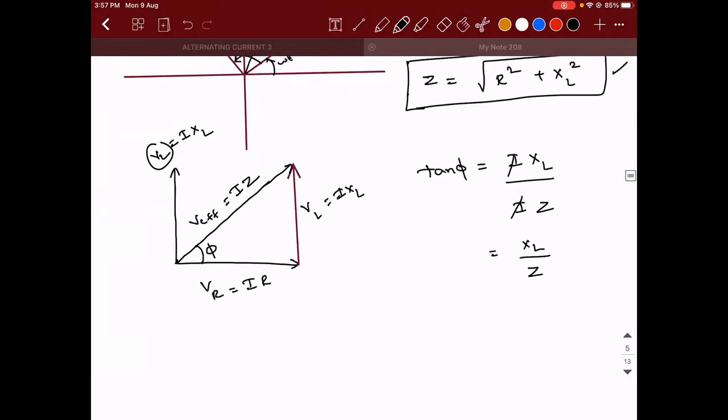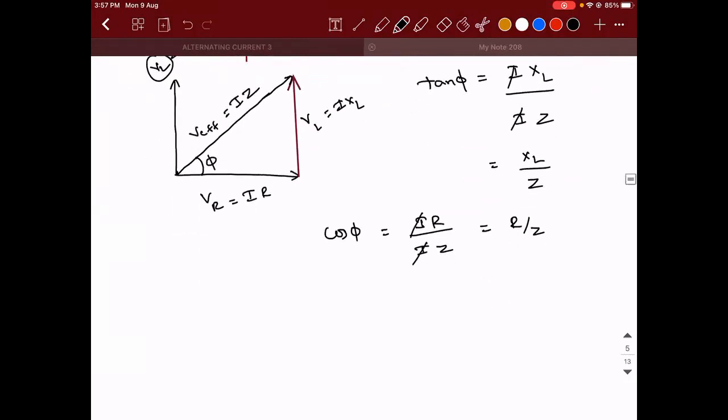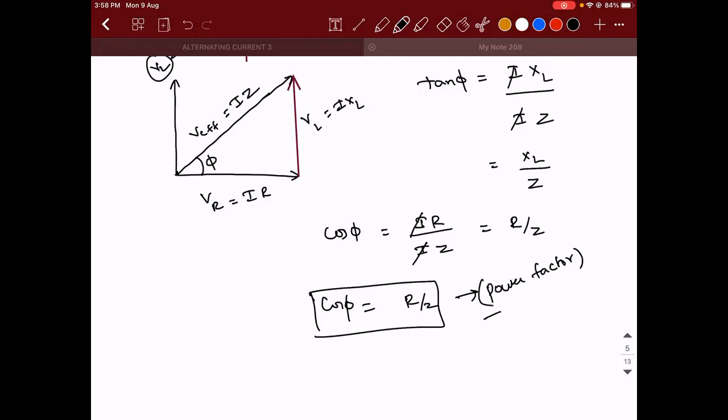Then what about cos phi? Cos phi will be equal to IR divided by IZ. I and I will get cancelled. This will be equal to R by Z. So this cos phi, equal to the ratio of resistance by the impedance, is what is called the power factor, which we will see in the subsequent topics. But as of now, remember this.